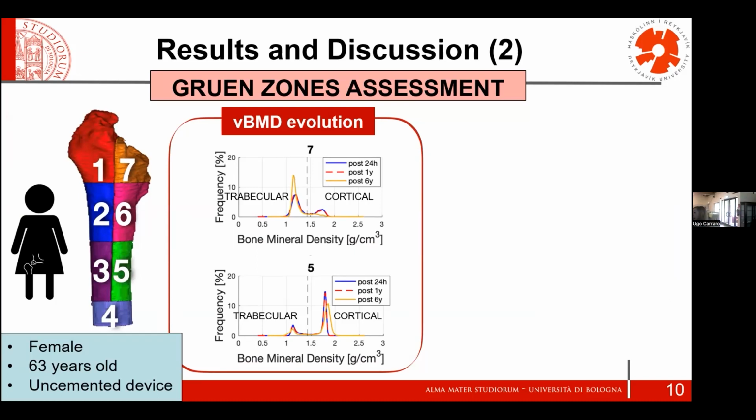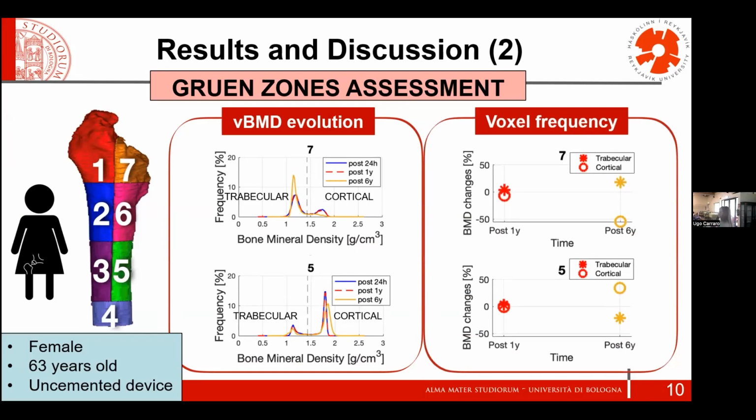The area under the curve for both the trabecular and cortical bone was then calculated, and data were normalized by the post 24 hours data to assess if there was an overall increase or decrease in bone mineral density throughout the years. And the results show that after 1 year there are no significant changes.